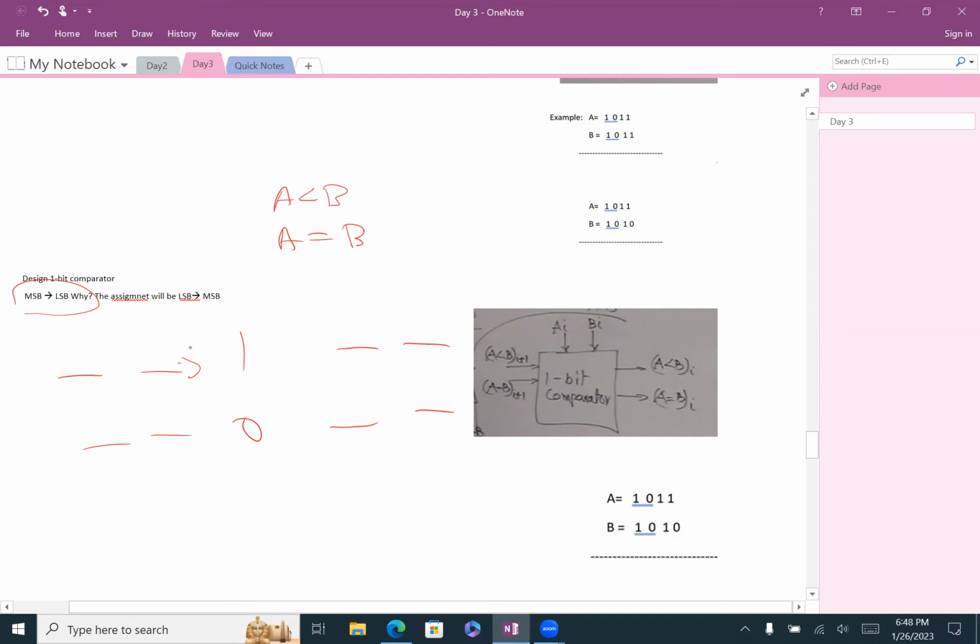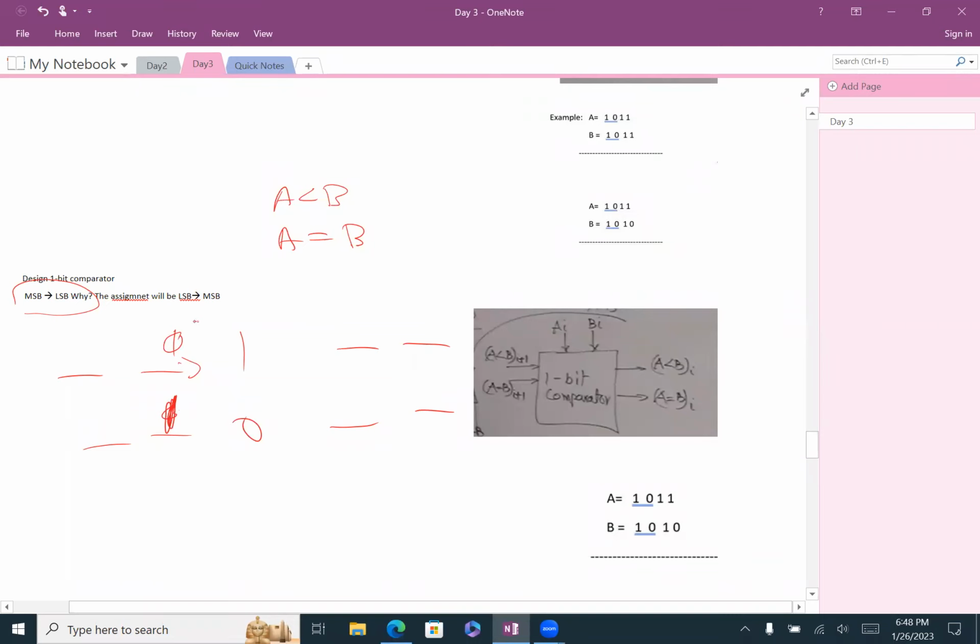So if this one coming from here is 1 and this is 0, what do I know from that? A is already smaller because I'm A minus B, correct? So that means my A and B is already smaller. However, if this one comes as 0, 1, what does that mean?